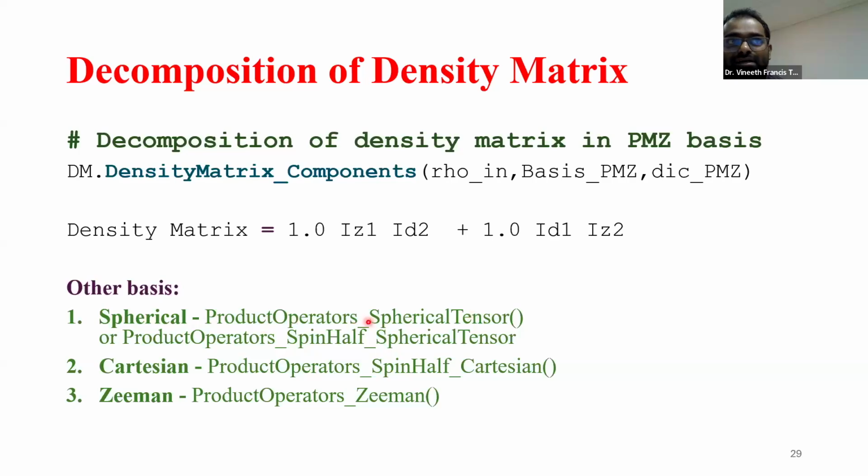So there is a general spherical tensor basis for any spin, any number of spins, and with any quantum number. And there are also special cases for only spin half. You can use this second function to make spin half spherical tensors, and also Cartesian and Sieman for the spin half case.